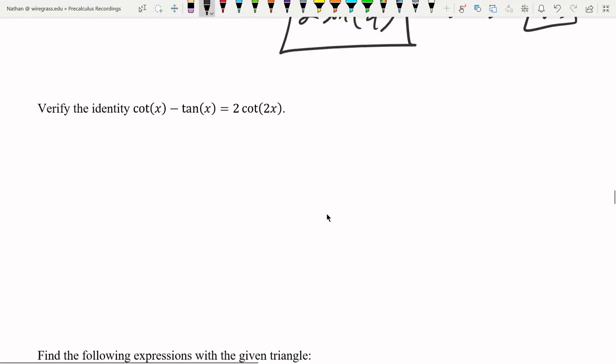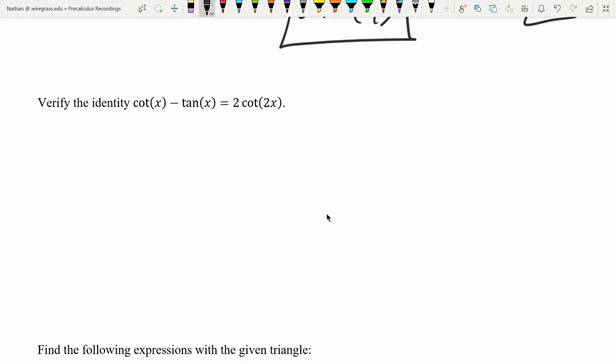Okay, verify the identity that cotangent minus tangent equals 2 cotangent 2x. Let's see. I think I'm going to try taking cotangent and writing it as cosine x over sine x minus sine x over cosine x. I'm going to try and change this into 2 cotangent.